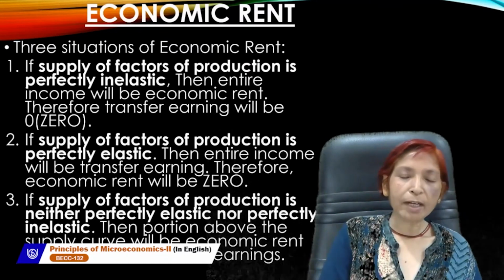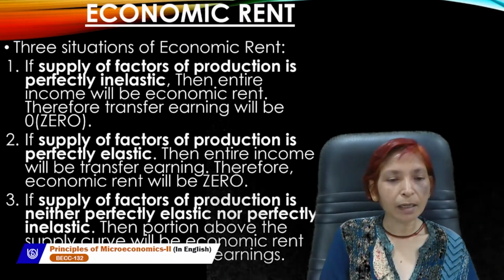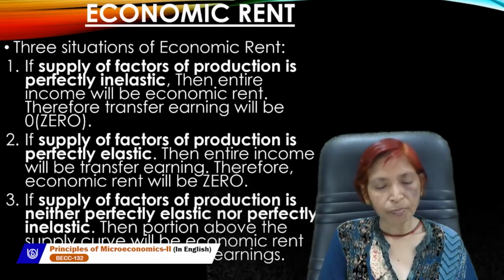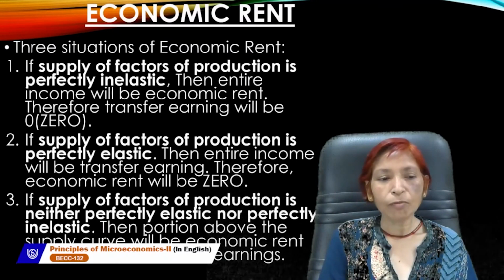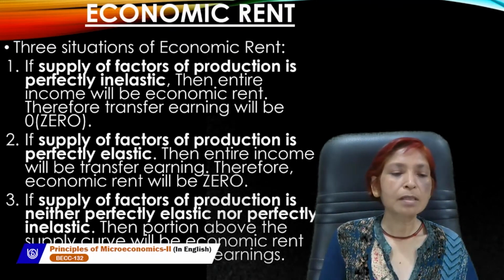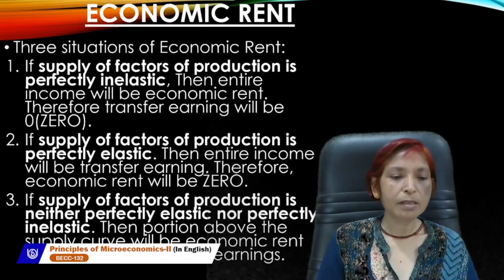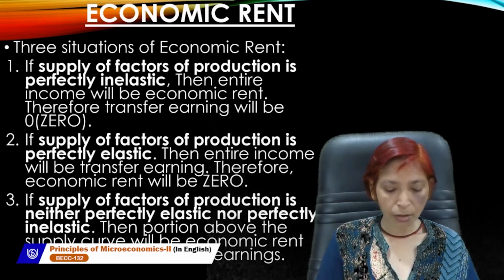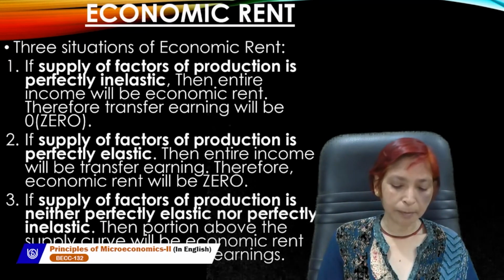In the second case, if the supply of factors of production is perfectly elastic, which can increase or decrease or change, then the entire income will be transfer earning and therefore economic rent will be zero. The third situation is if the supply of factors of production is neither perfectly inelastic nor perfectly elastic.